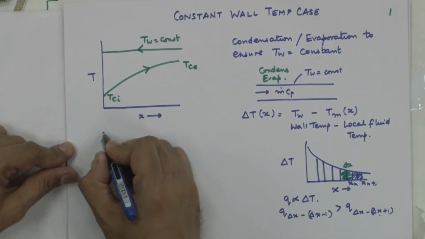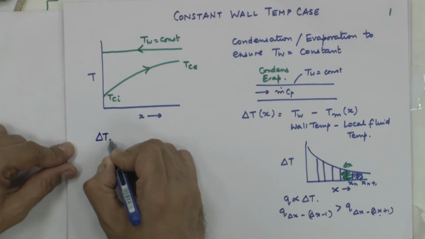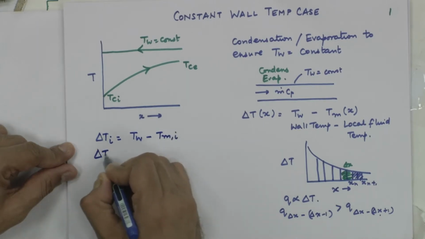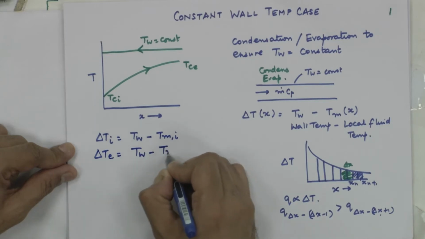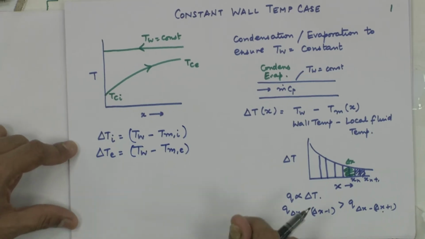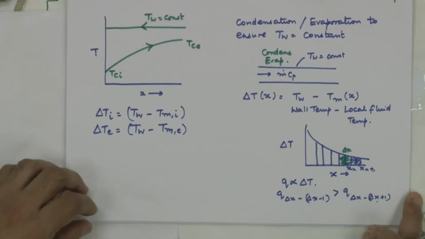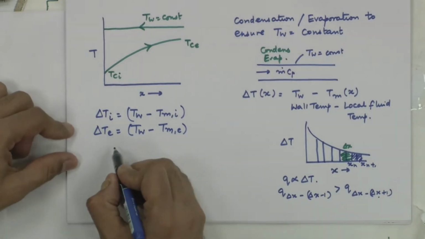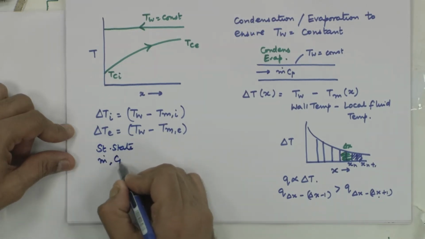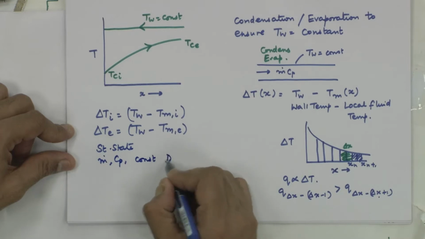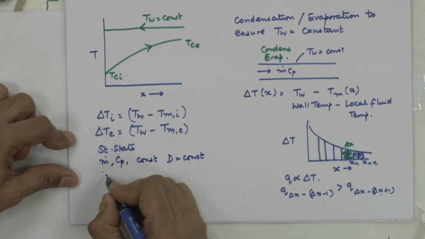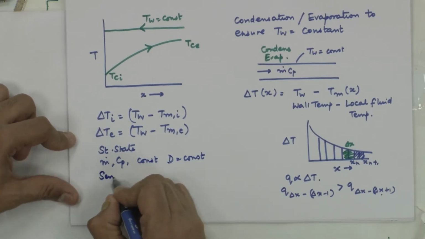So, we said that inlet temperature difference delta T I is equal to T wall minus T bulk mean inlet, and delta T exit is T wall minus T bulk mean exit. We will keep these definitions for use later on. And we have the same assumptions as before: steady state, constant m dot, constant properties, fixed diameter, so all heat from the fluid goes into change in temperature or sensible heating only.